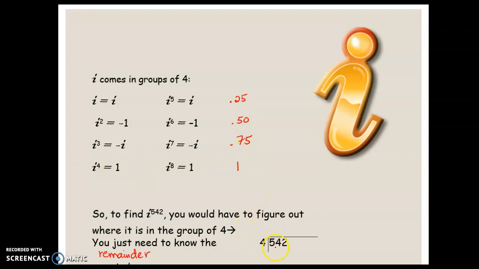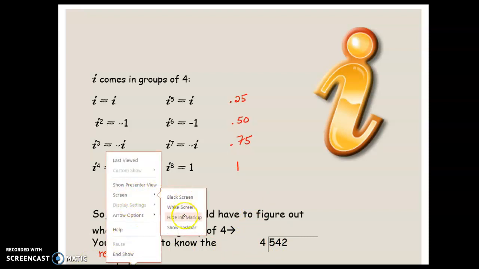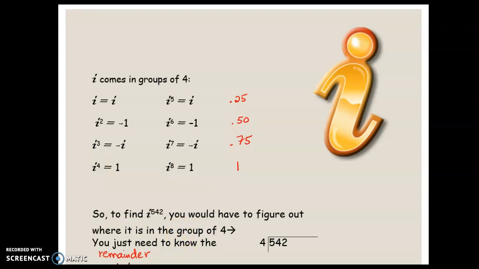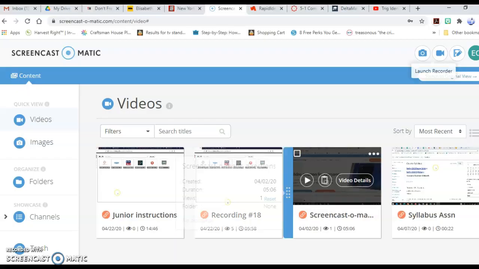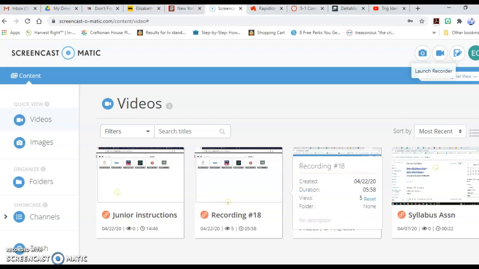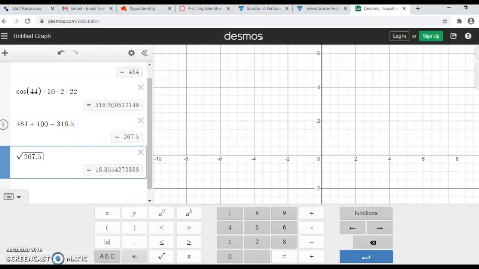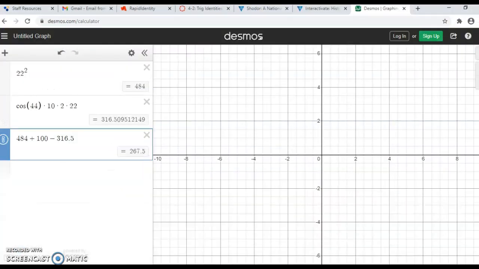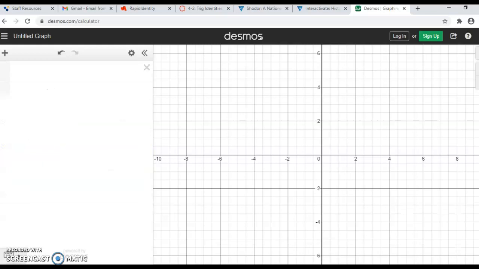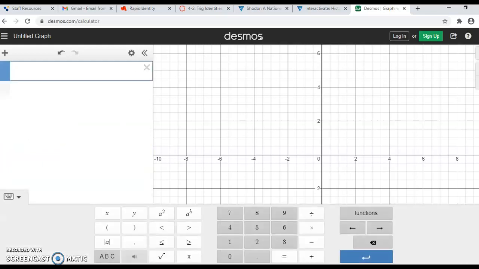So right here, if you just divide that out, 542 divided by 4, there we go. You can see right off the bat which it would be. 542 divided by 4.